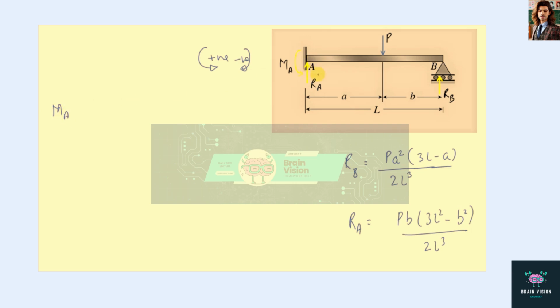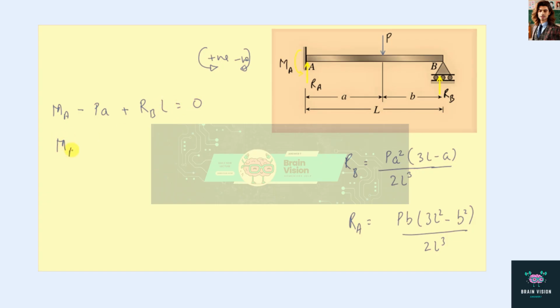Since it is anti-clockwise, we take it to be positive. The moment due to RA would be 0 because it passes through point A. So MA minus P times a plus RB times the total distance L equals 0.